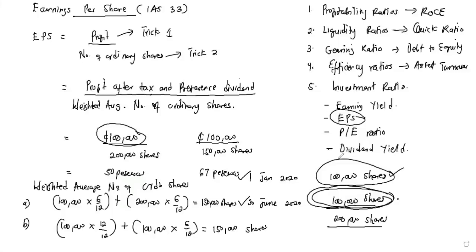Then the second approach is like the individual approach. The first 100,000 went in throughout the year, right? It didn't change. Then the next 100,000 came into the year from 1st July to December, so 6 months. That also gives you the same answer. So this approach I just taught you is the approach that is used to calculate the weighted average number of shares.